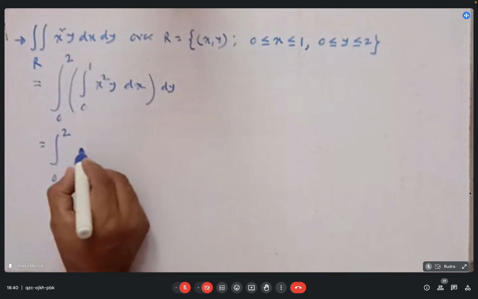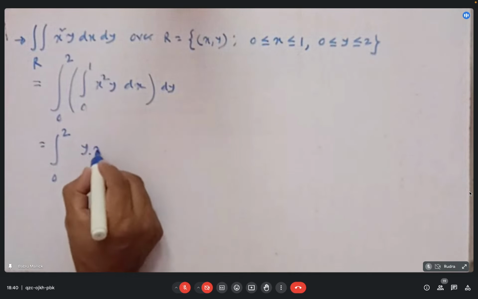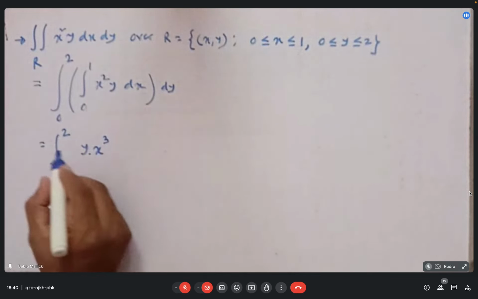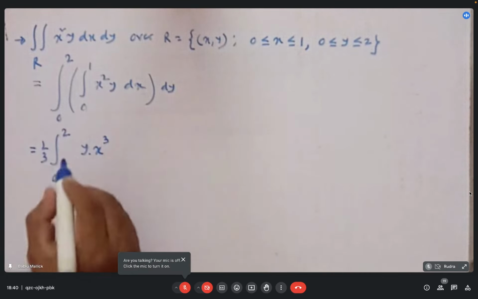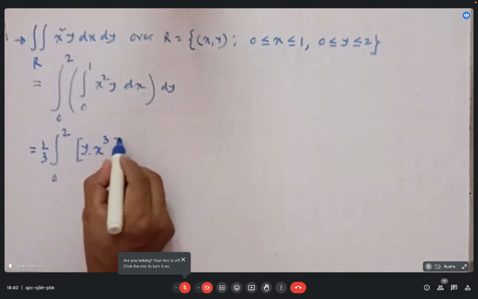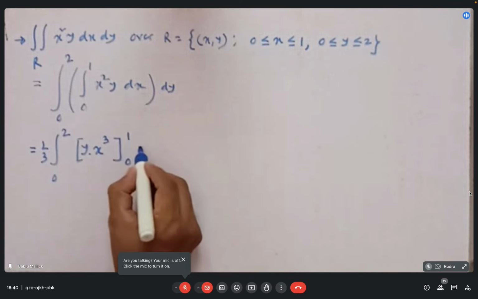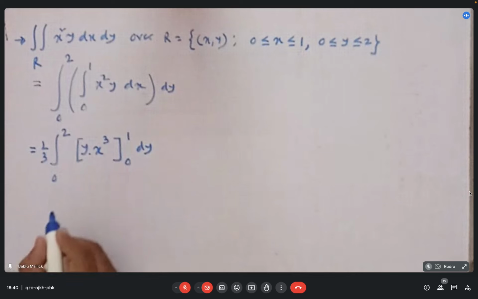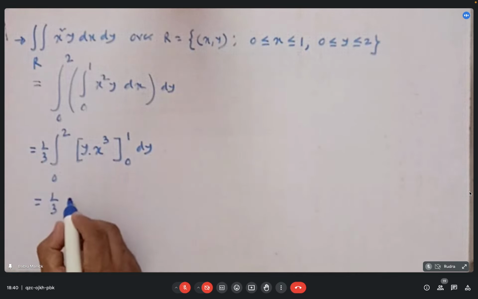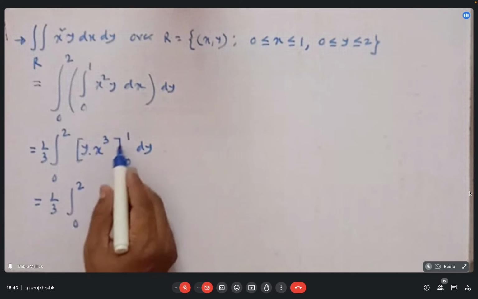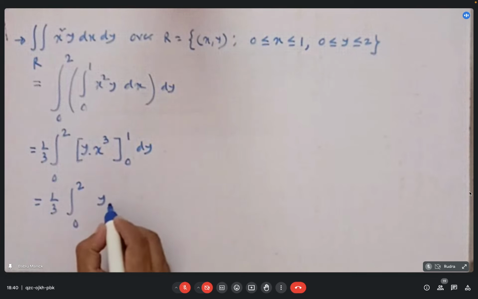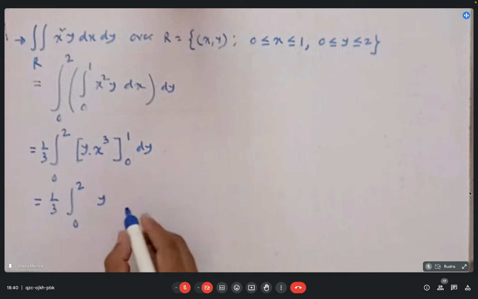With respect to x, integrate; y is constant, it is x cube divided by 3. So that is 1 by 3, integration from 0 to 1 dy. So this is equal to 1 by 3, integration 0 to 2. If I put x equal to 1, then it is y, and 0 means it is 0.